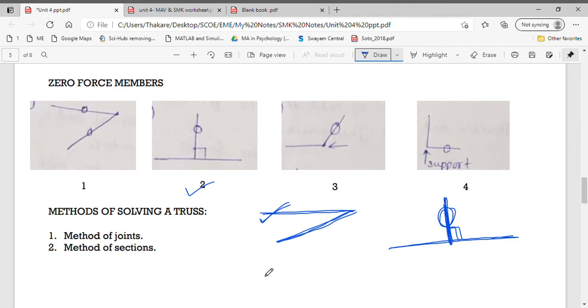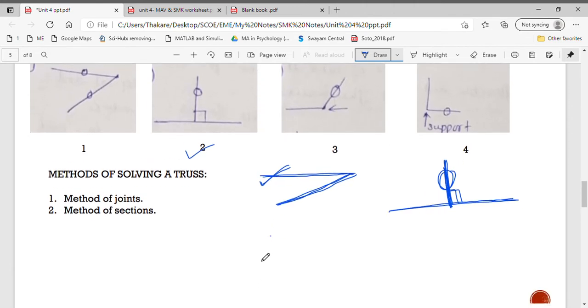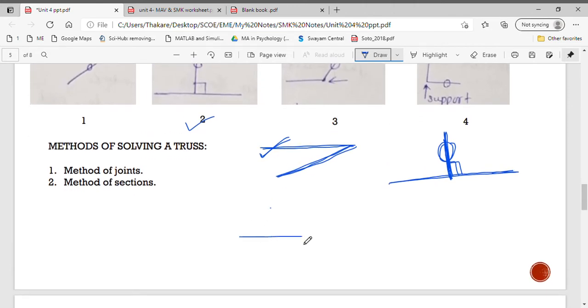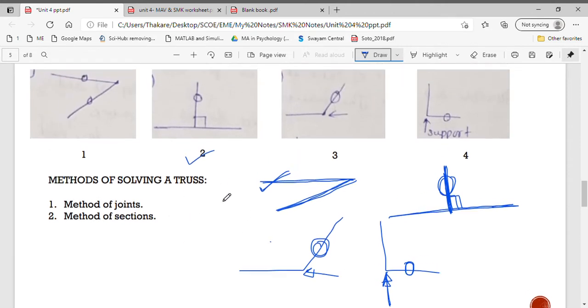Also when the line of action of the support and the force is collinear. So here if the support is like this, then this member will be a zero force member, and if the line of action of force or support is like this, then this will be a zero force member.